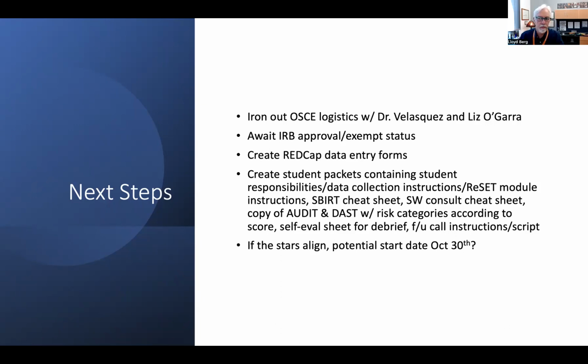Perfect. Thank you. Sam, last question is, are you already thinking ahead about taking this data, analyzing it, and preparing for poster and/or peer review publication down the road? Yeah, that's the plan.